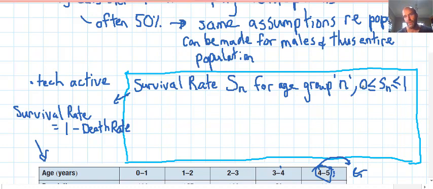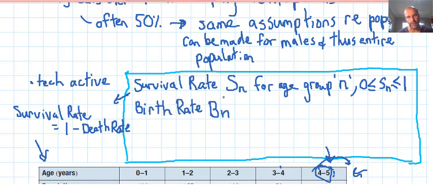So 0 means no survivors and 1 means 100% survival. We don't ever see it hit 1 really. We see it hit 0 when we're modeling the last group. We'll show this with some examples in just a moment. So the survival for the last group is 0.